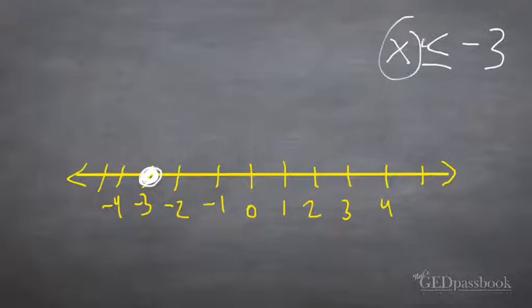Well, x is less than or equal to -3, which means it must be any number less than -3. -4, -5, -6, all of those are less than -3. That was the tricky one that I wanted to go over with you.